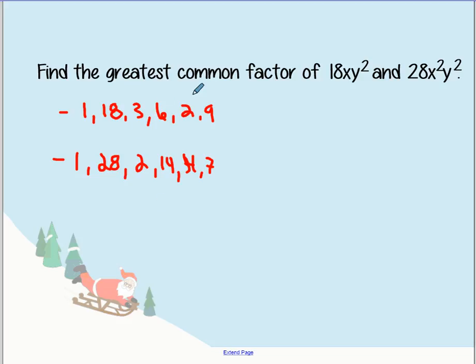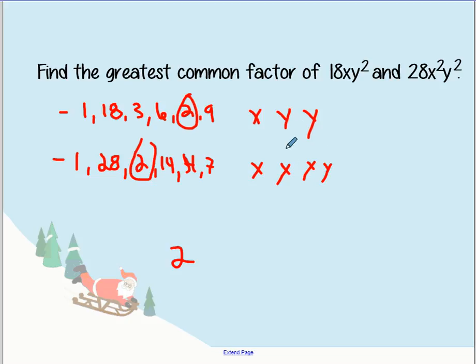So my greatest common factor of the coefficients would be 2. The first part of my greatest common factor is 2. Then I'm going to list out all my factors of xy squared. I'm going to say x, and then I've got a y and a y. Now for 28x squared y squared, I'm going to have x, y, and y.